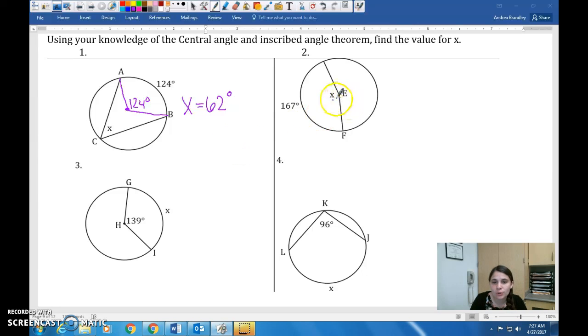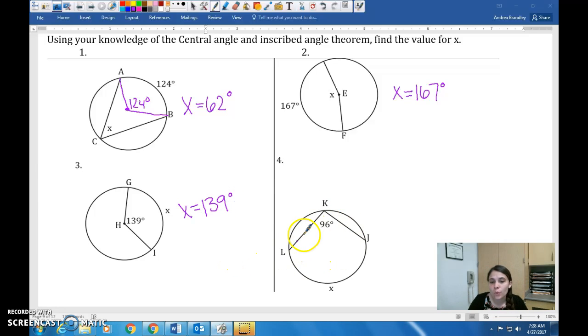On number 2, this arc measure is 167, and then this central angle would also have to be 167 because those are the same. So this is 167 degrees. Number 3 is that same idea, except it gives us the central angle and is looking for the arc measure. So the arc measure is also 139 degrees.